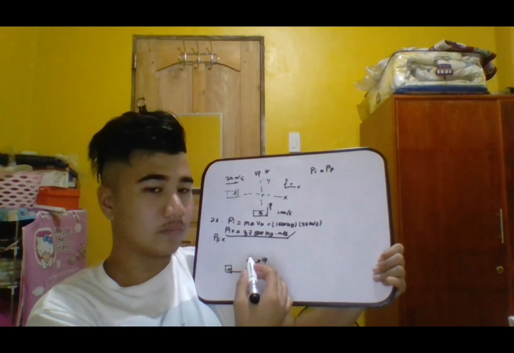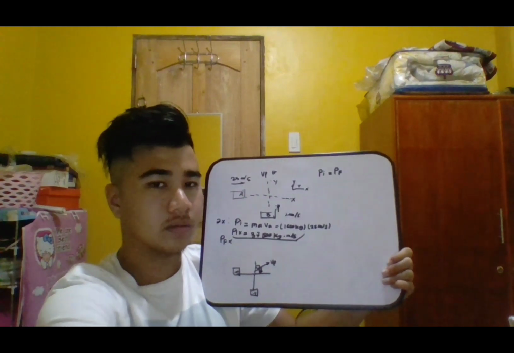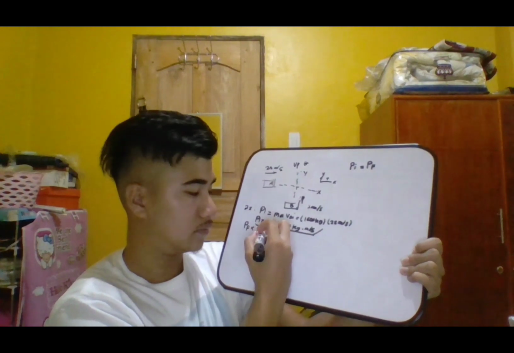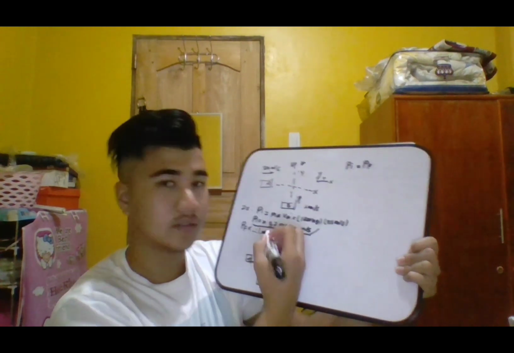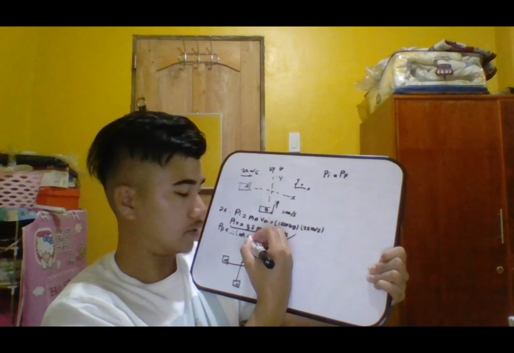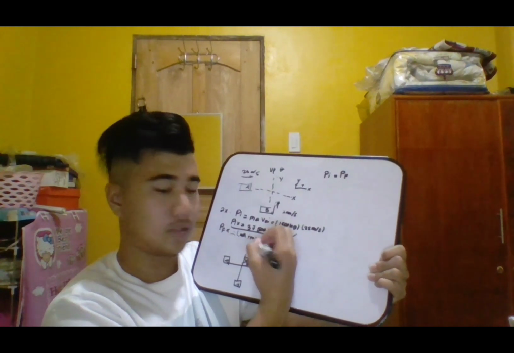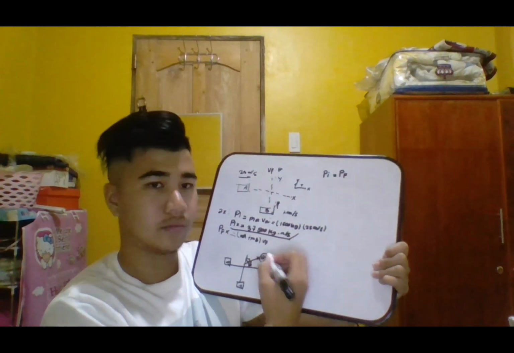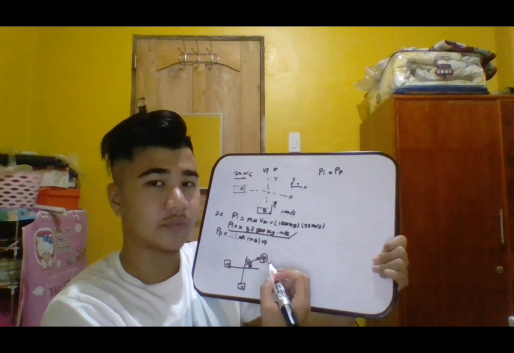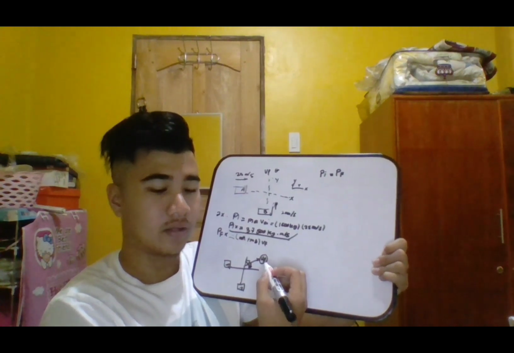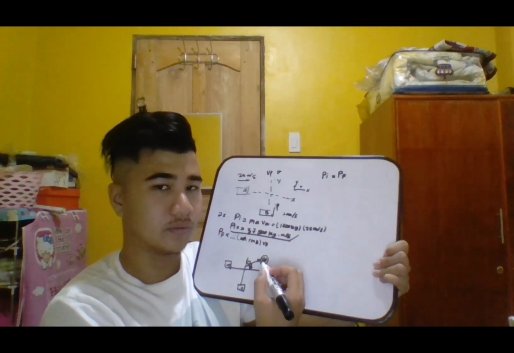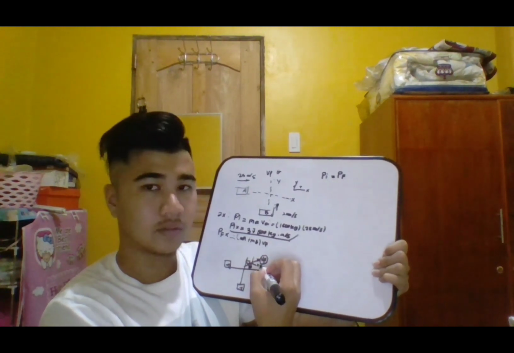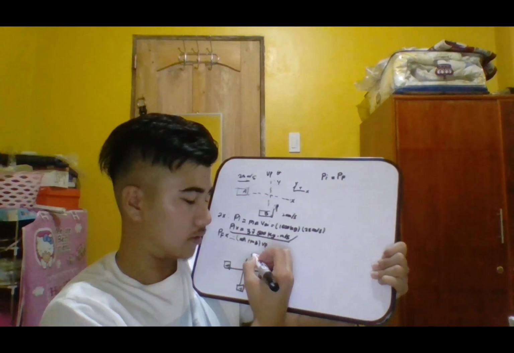So sa final momentum at x component, pagsasamahin natin yung mass ni A plus mass ni B and multiply sa final velocity, ito siya. Since x component lang hinahanap sa atin, kukunin natin yung x component ng kanilang final velocity. Ito yung final velocity at x, and ito yung final velocity at y.